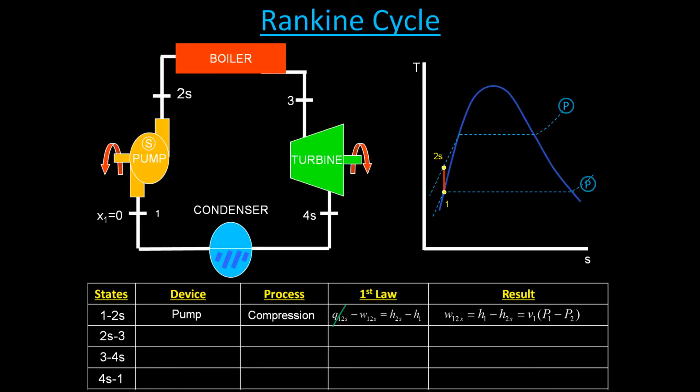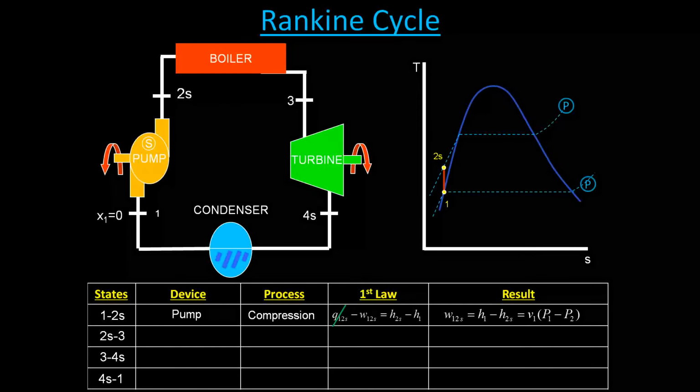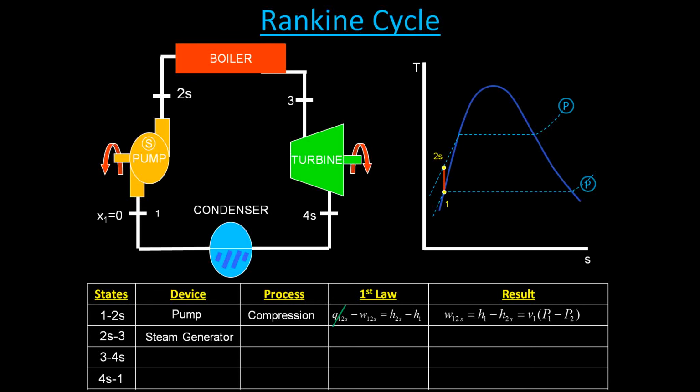Okay, so now we're at state 2s. We need to get to state 3. It's going to go through the boiler. The boiler is sometimes also known as a steam generator, and the purpose of the steam generator or boiler is to add heat to our system. So we're going to add some heat, using constant pressure.